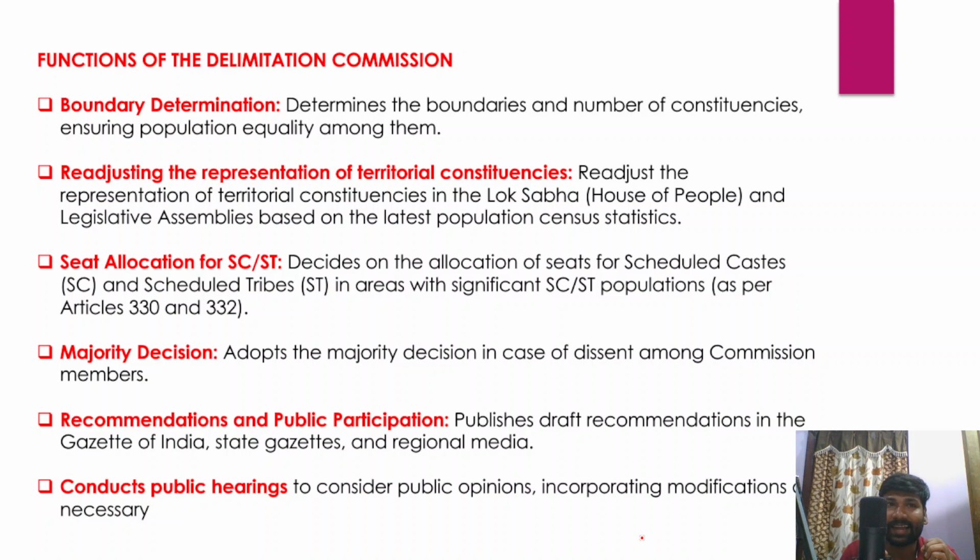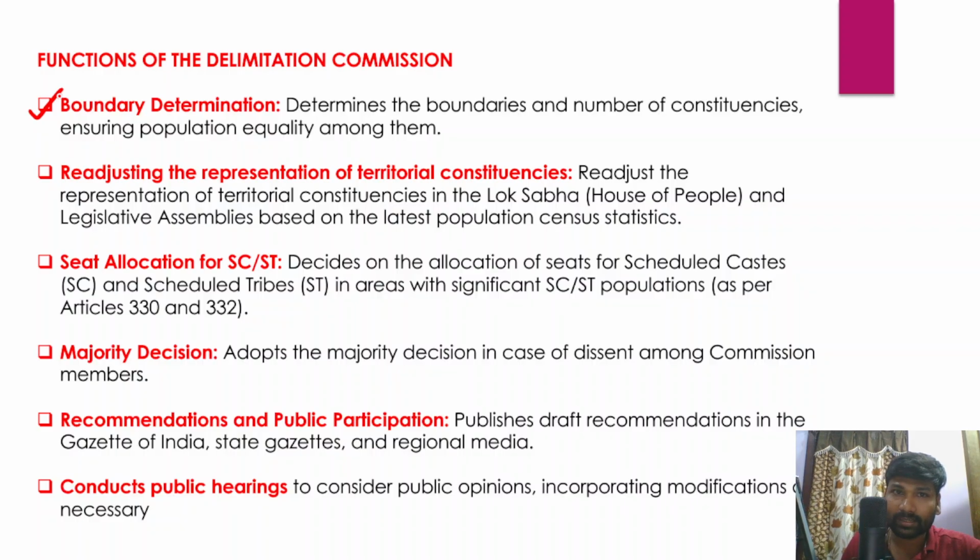Now we'll understand what the key functions of the delimitation commission are, because the delimitation commission performs certain key and essential functions. Firstly, boundary determination. It determines the boundaries of territories, and it also decides the number of constituencies a particular state would have.